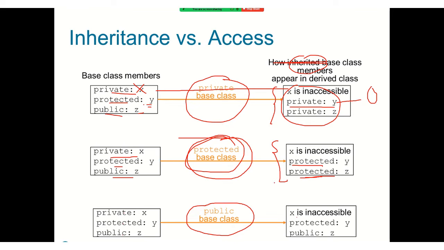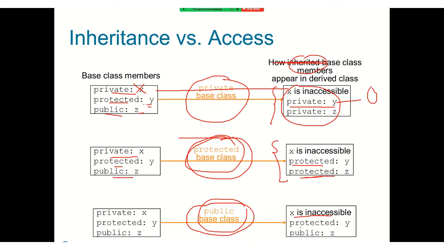That means if it is protected, you can also have a child class of the derived class as well. In that case, depending on how the child class is derived, it can be protected or private or public.